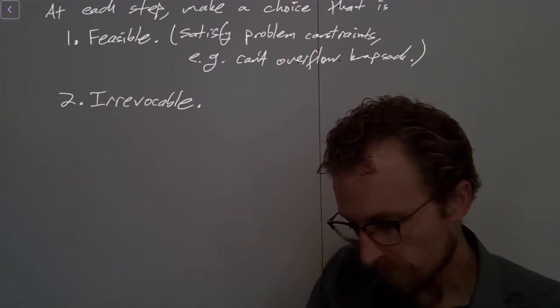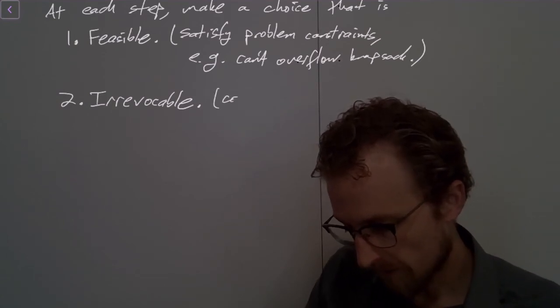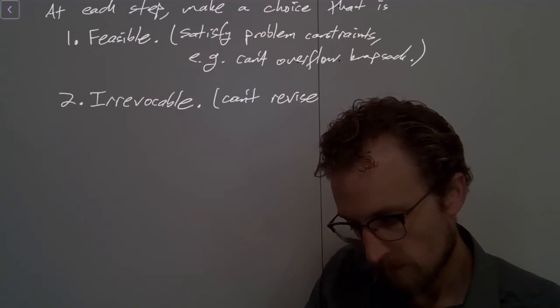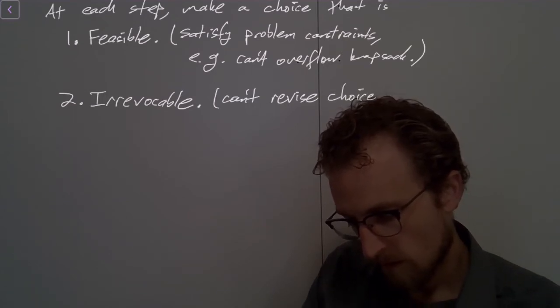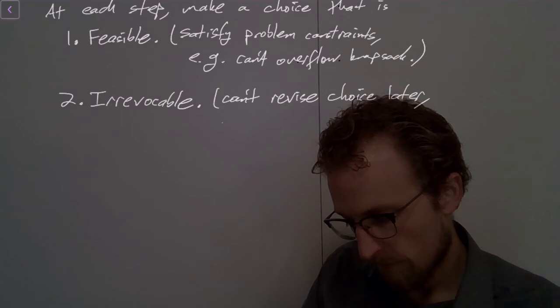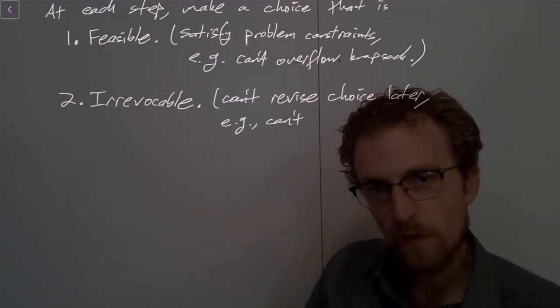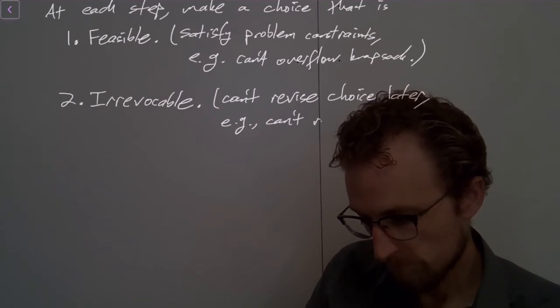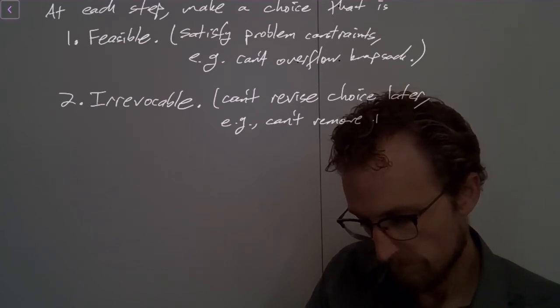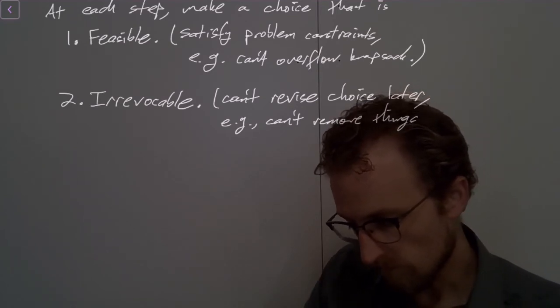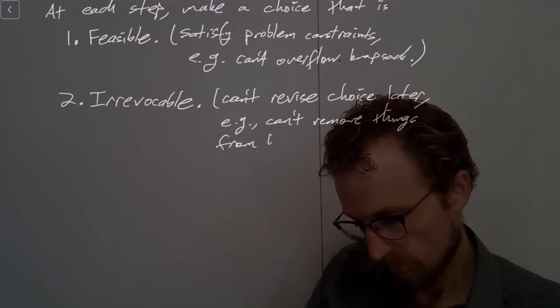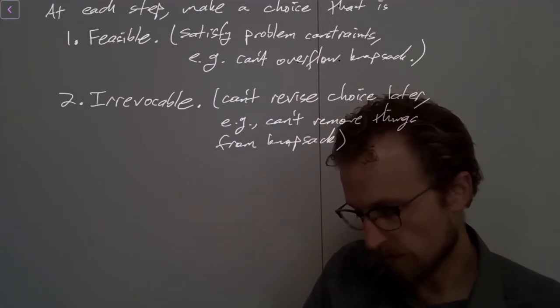So, can't revise choice later. For example, can't remove something already added to the knapsack. You can think of this as a key thing that differentiates greedy from DP.